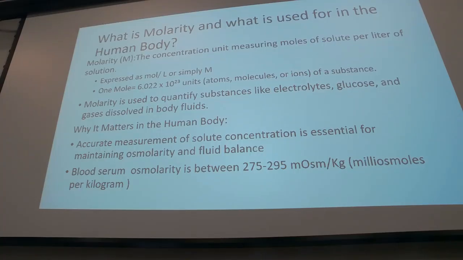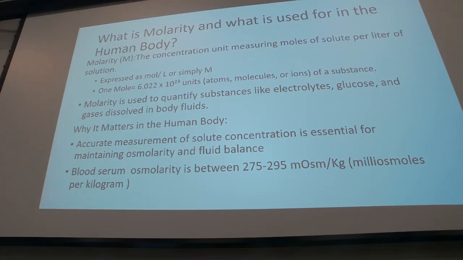So that was the physicist who described this number. 6.022 times 10 to the 23rd. Avogadro's.